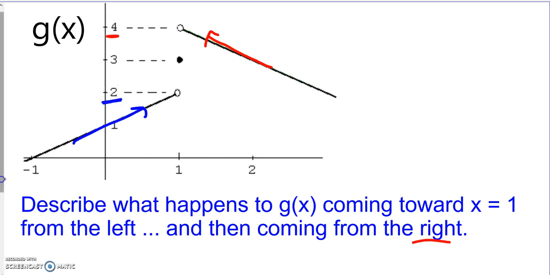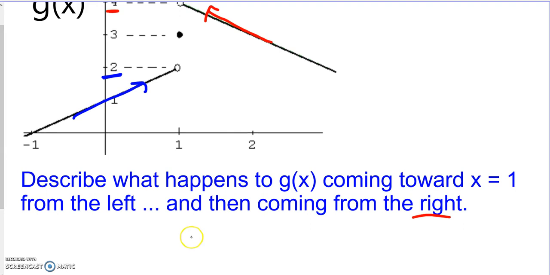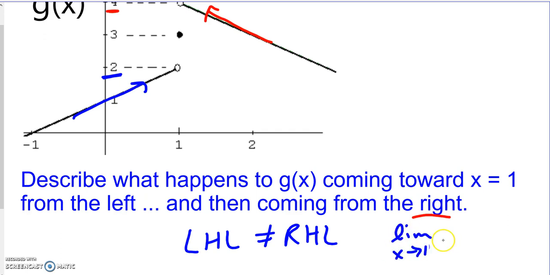So there is no limit at x equals 1 because the left and right hand side limits don't match. We use LHL for the left hand limit and RHL for the right hand limit. The left hand limit doesn't equal the right hand limit, which means the limit as x approaches 1 of our function g of x does not exist.